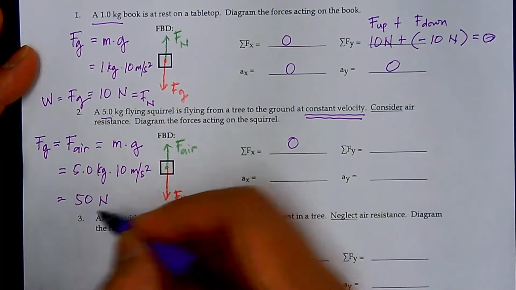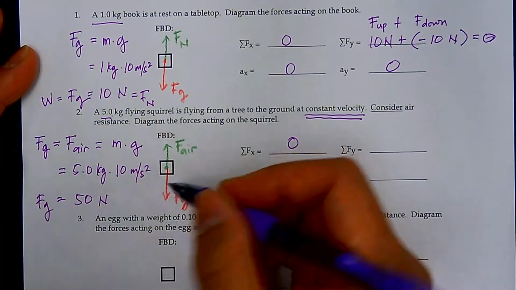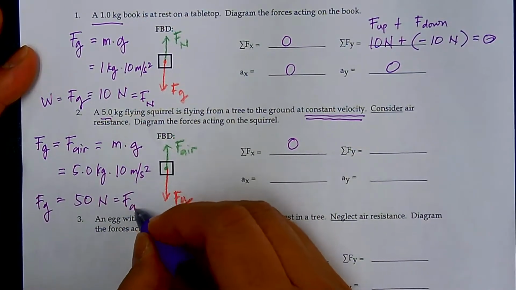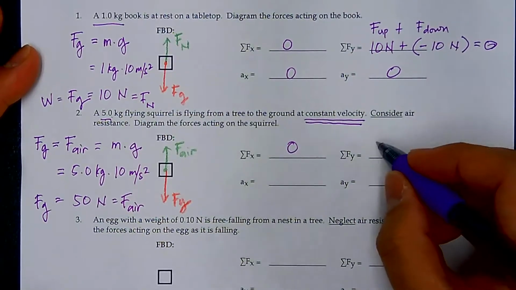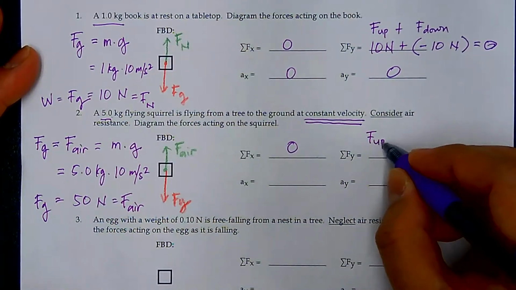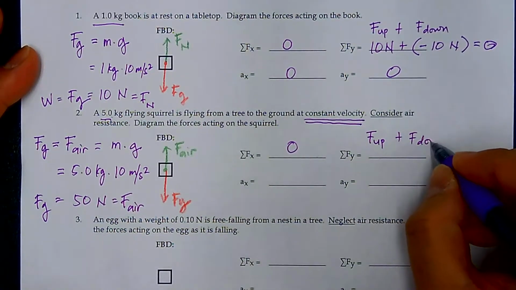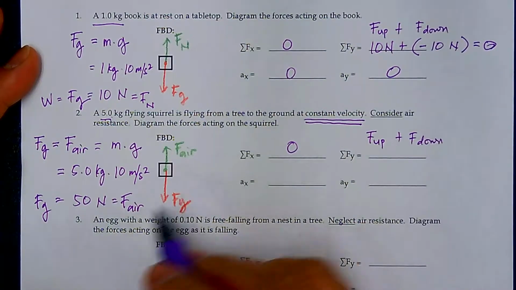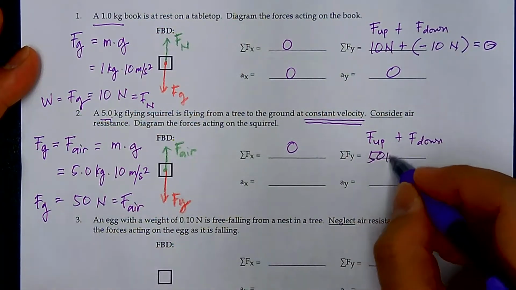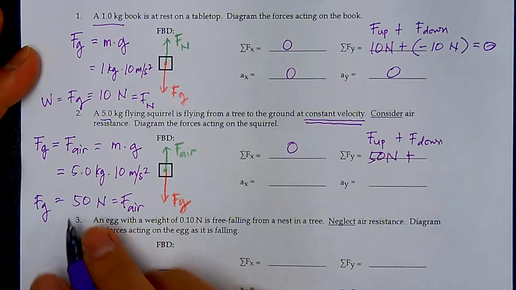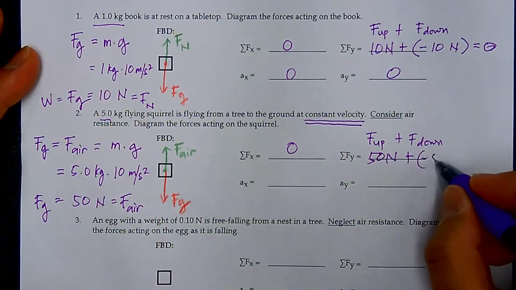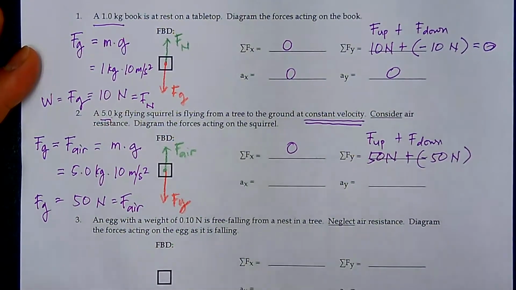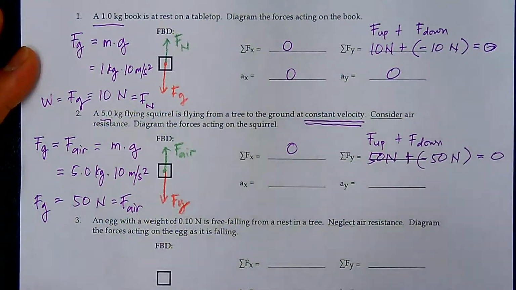This gives me 50 newtons. F sub g is equal in magnitude to F sub air, so F up plus F down. The F up is 50 newtons and the F down is 50 newtons, but it's going in the negative direction, so I'm going to write the negative, which gives me 0.